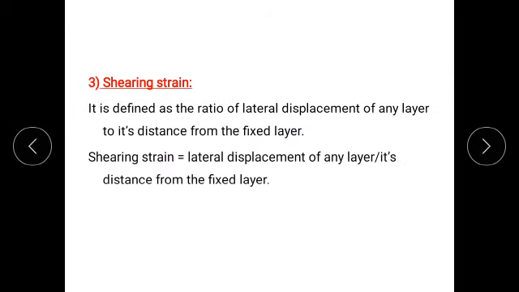And the formula for shear strain is the lateral displacement of any layer with respect to its distance from the fixed layer. This is again the definition of shearing strain, that it is defined as the ratio of lateral displacement of any layer to its distance from the fixed layer.